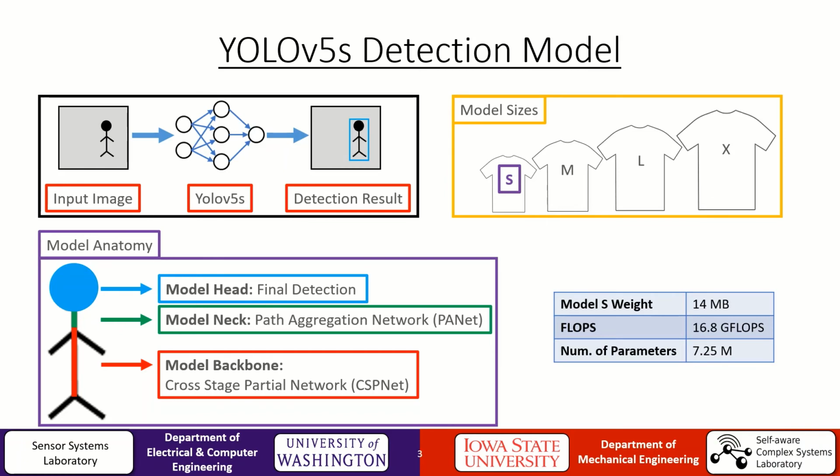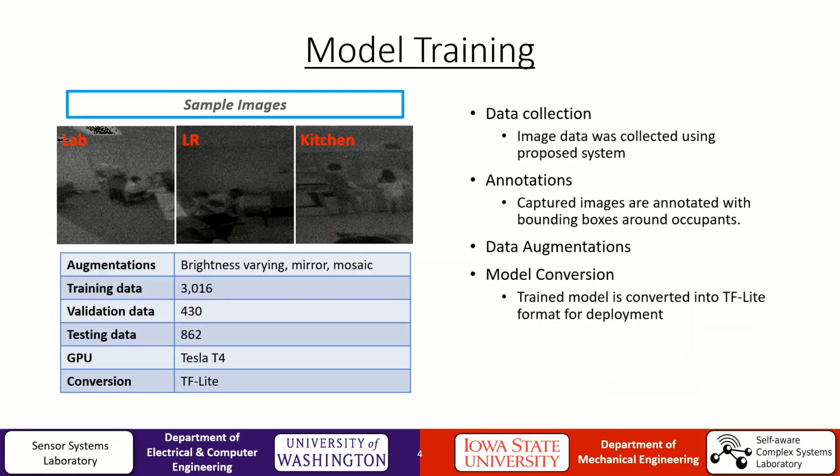To train the model, we capture images using the proposed system, and we annotate the occupants in the images with bounding boxes. We perform a few data augmentations on the collected images, including varying the brightness, mirror, and mosaic augmentation. With the augmentation, we prepared around 3,000 training samples, 430 validation samples, and around 860 testing samples.